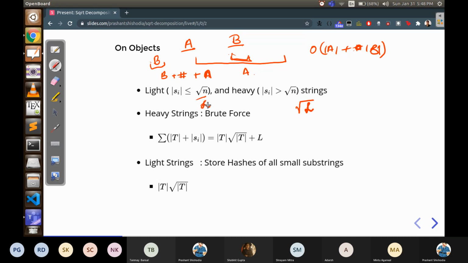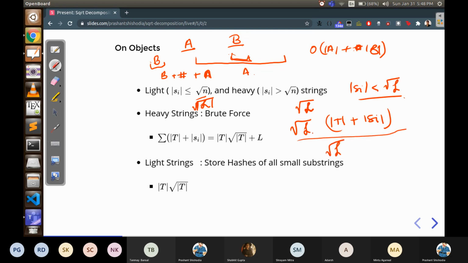So it's not root n, it's root L. So mod si is less than or greater than root L. If a string is heavy, then I'll do KMP that will take mod t plus mod si time. And since there are root L such strings, this will be my time complexity: root L mod t plus L, because we are summing the lengths of the strings, so it cannot cross L.